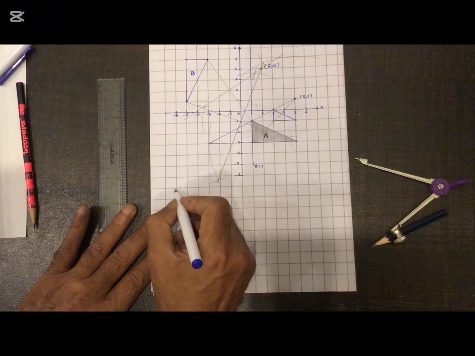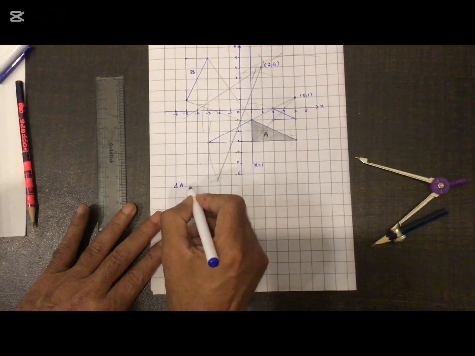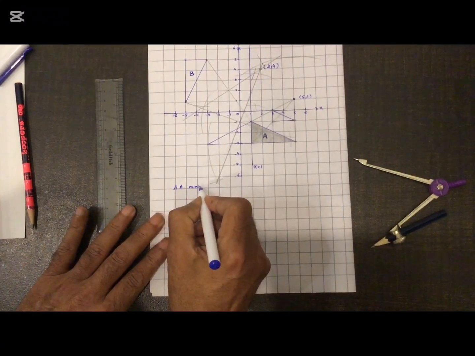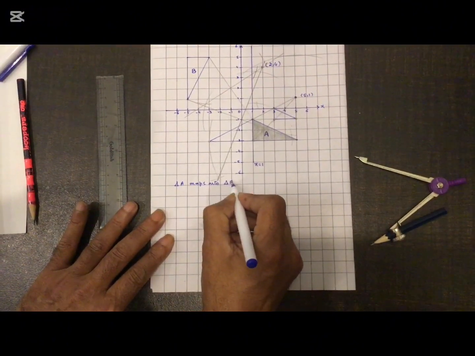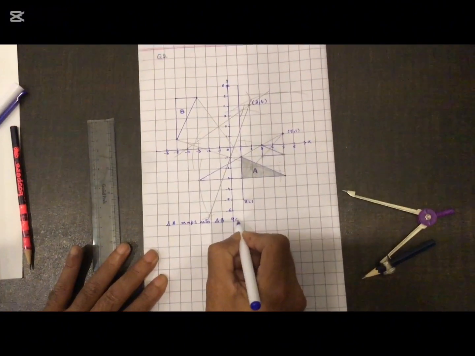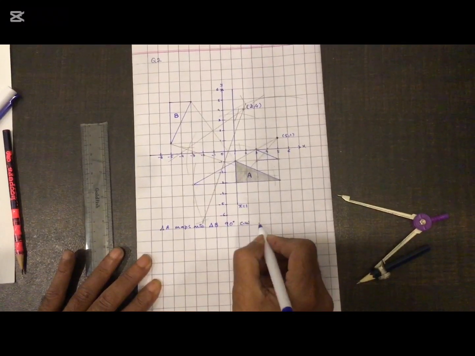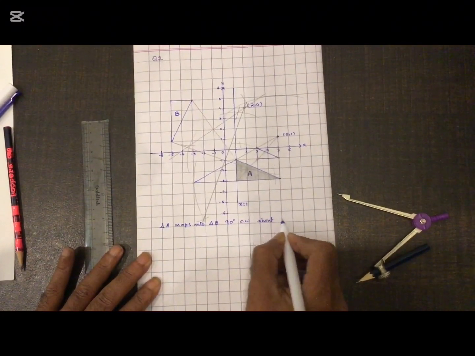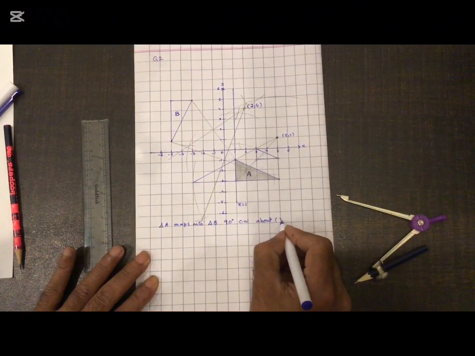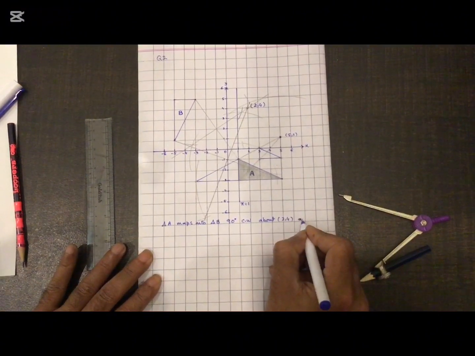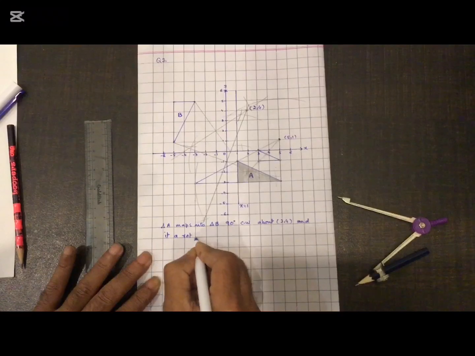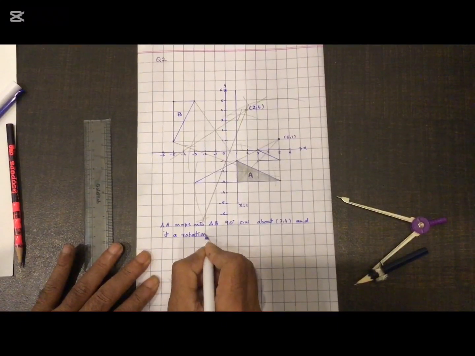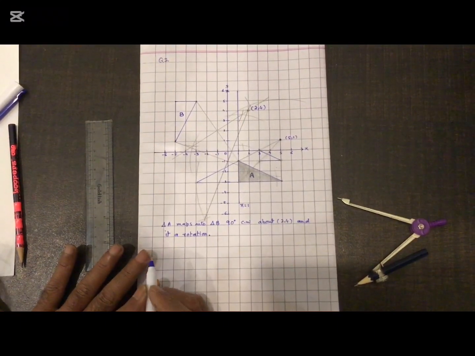Triangle A maps onto triangle B by a 90 degree clockwise rotation about (2, 4). So that's how you describe it fully.